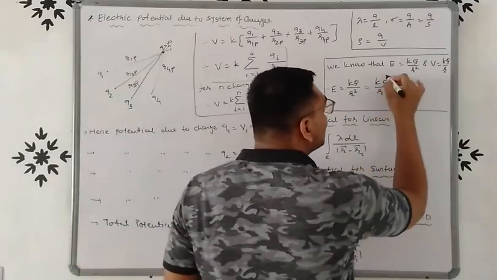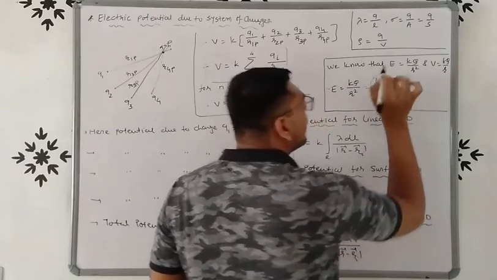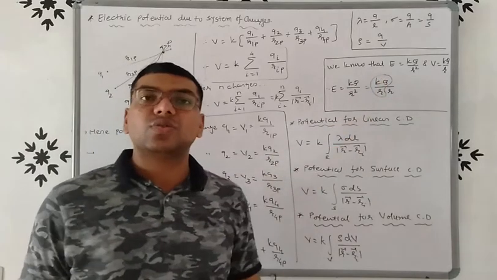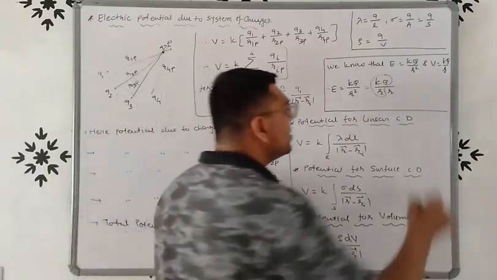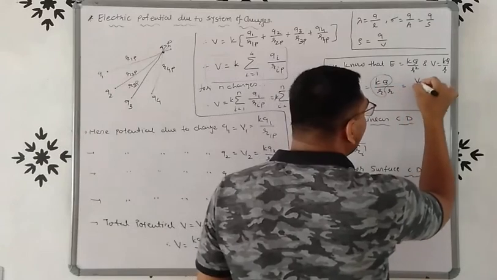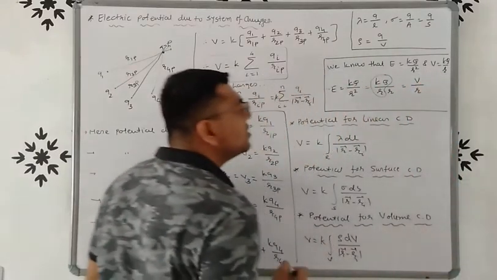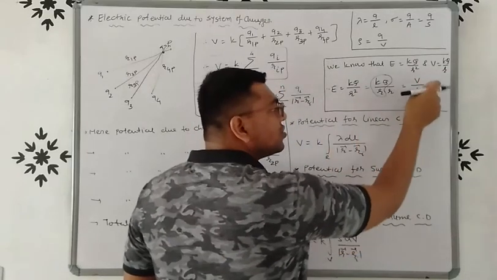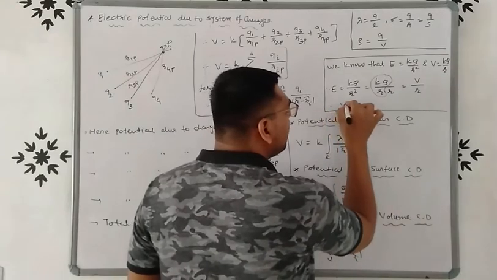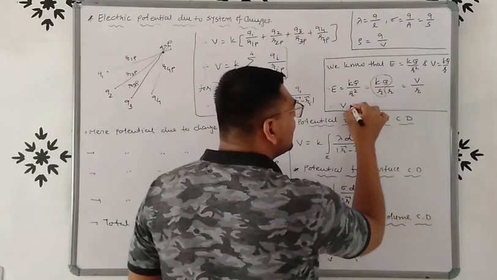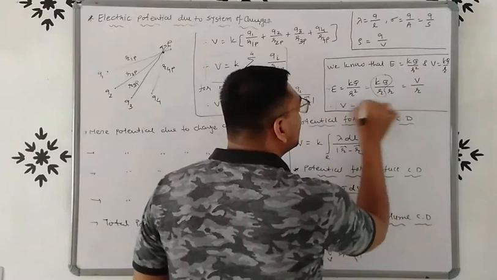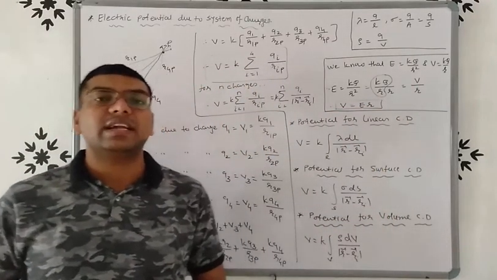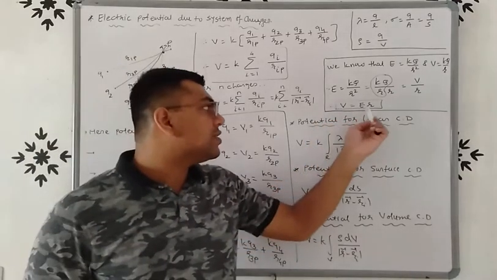Now see friends, we know that this kq by r is equal to electric potential V. So instead of kq by r we can write V upon r. So the relation between electric field and potential is E is equal to V by r. If we want to write V, then V is equal to E into r. So the relation between electric field and electric potential is V is equal to Er.